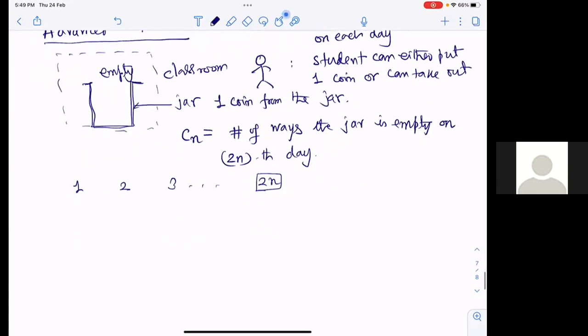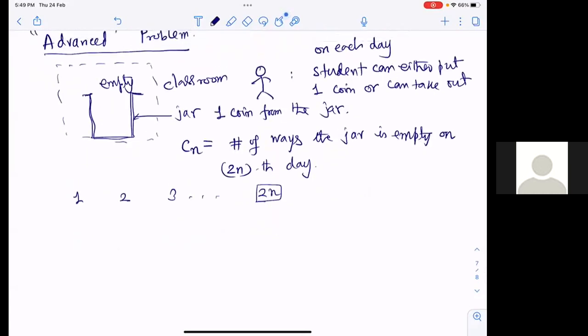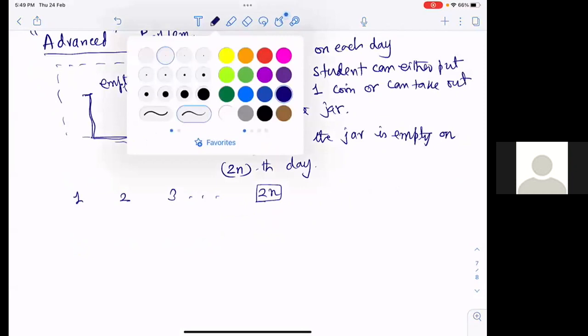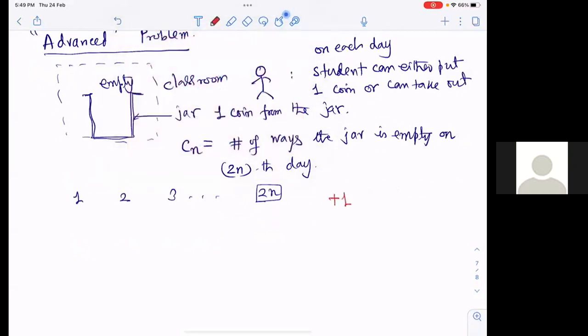So symbolically, when a student puts something in the jar, I will assign it +1. Let's use a different color maybe. When he takes something out of the jar, I will put -1.